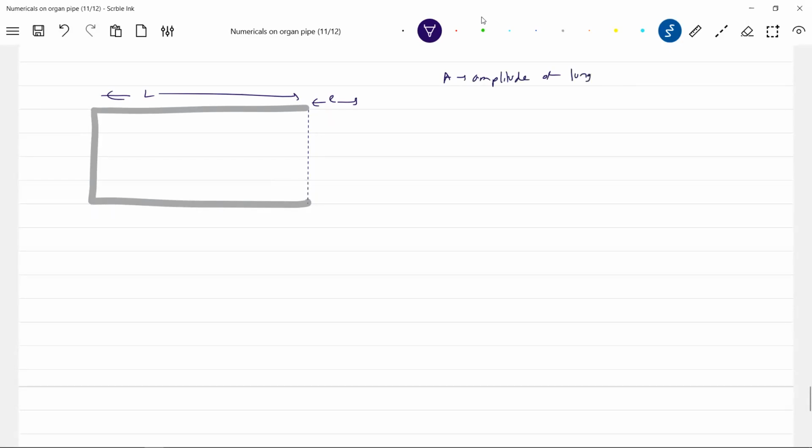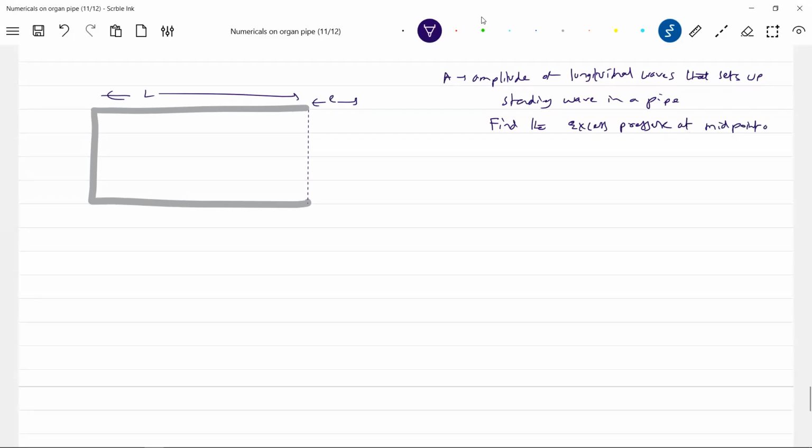Amplitude of the longitudinal wave that sets up a standing wave in a pipe. I want the pressure at the midpoint of the pipe. Find the excess pressure at the midpoint of the pipe.